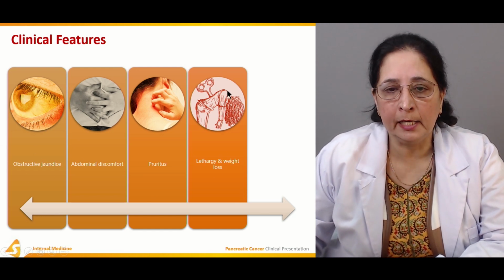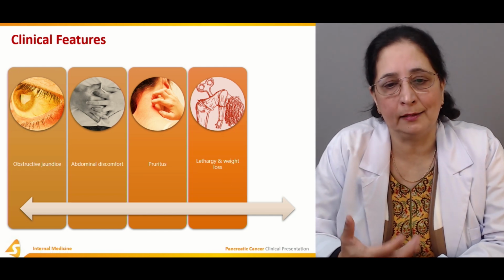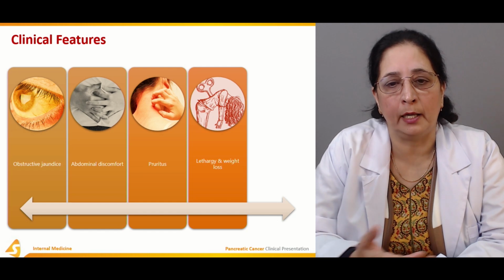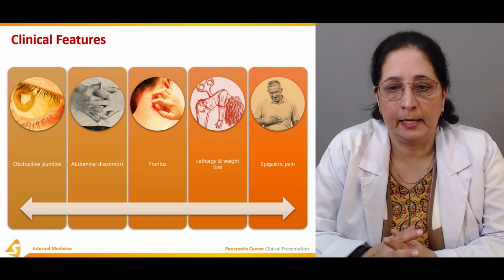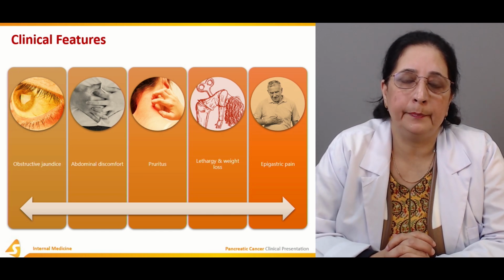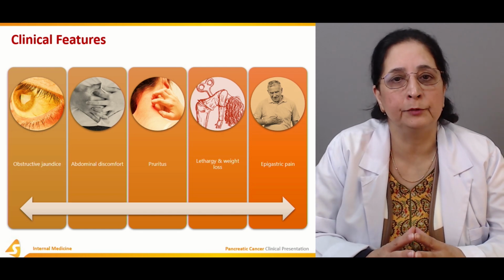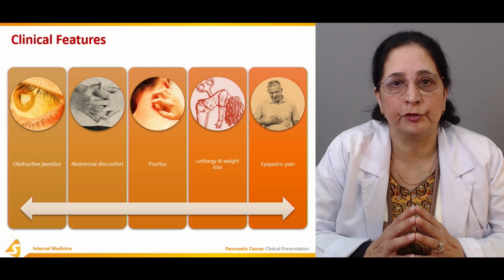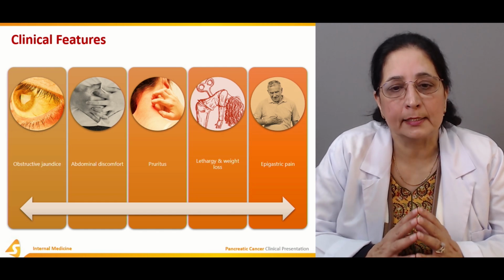Then there is lethargy and weight loss. The patient is very lethargic, weak, has no energy, and there is weight loss. And epigastric pain. Epigastric pain is the pain in the upper middle quadrant of the abdomen, and it is present in patients who have pancreatic cancer.